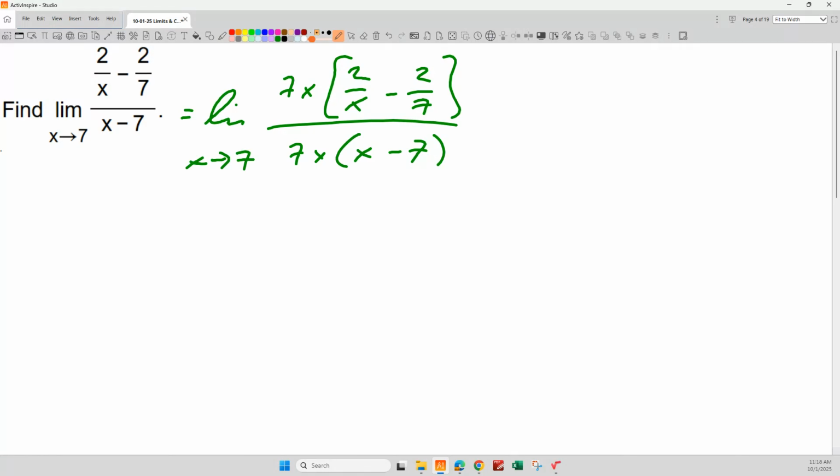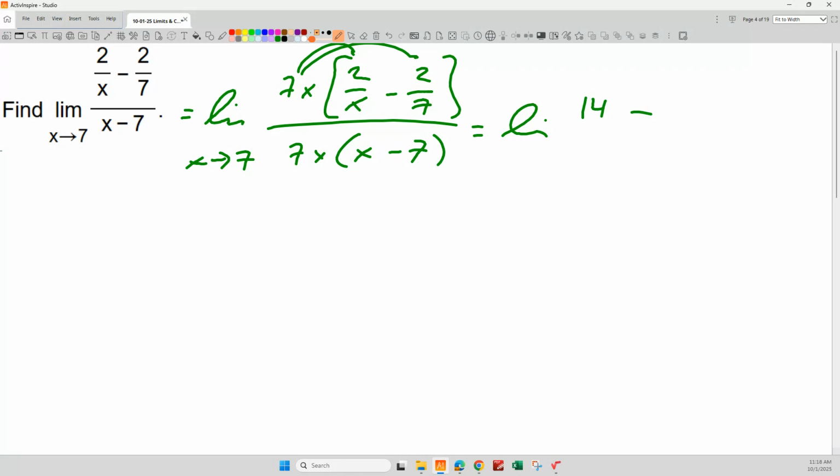Okay, so what do I do on the top? Yeah, when I distribute to the first term, x is canceled, and I just get 14, right? When I distribute to the second fraction, what cancels? 7s.